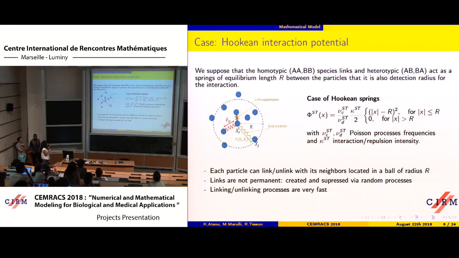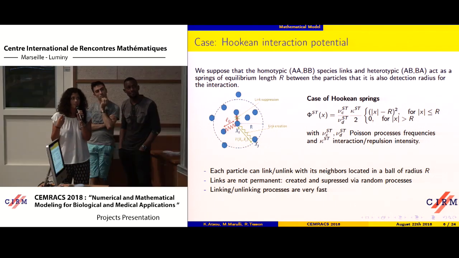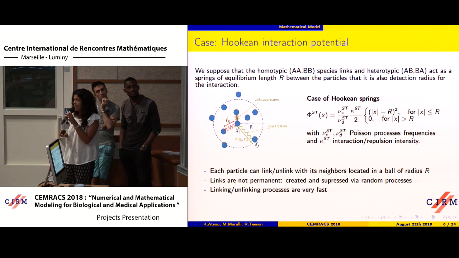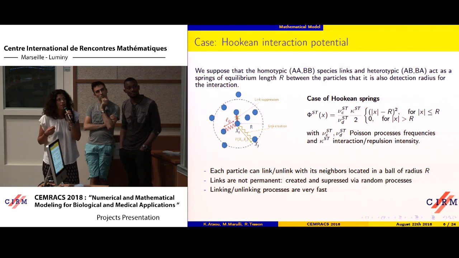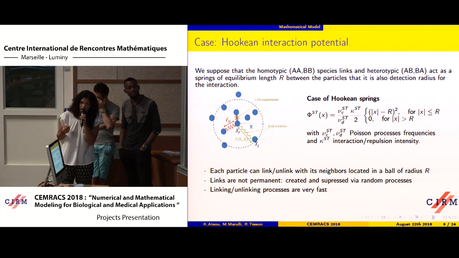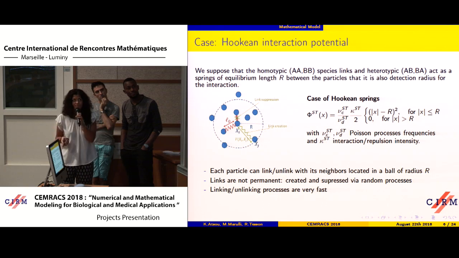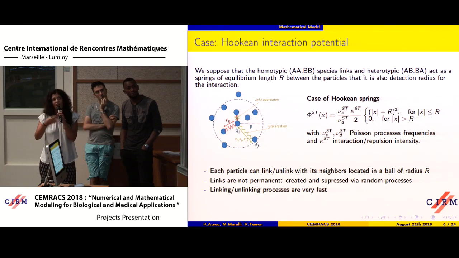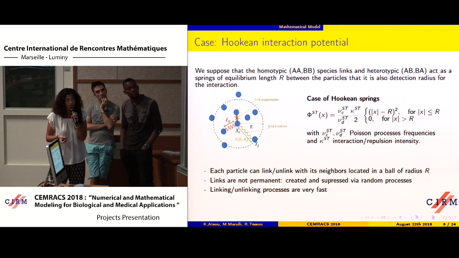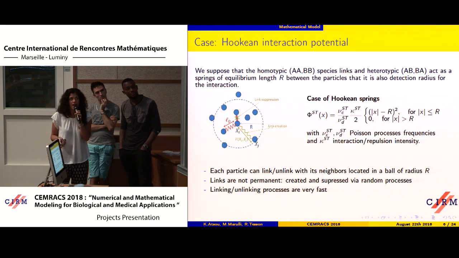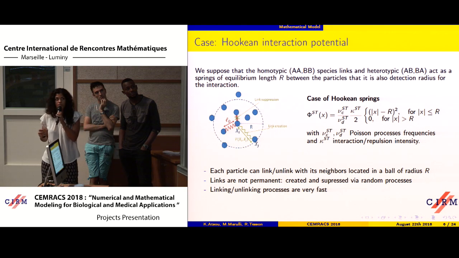As you can see, we have two parameters, nu_c and nu_d, which means that we suppose that the creation and the deletion of links between particles are modeled by Poisson process frequencies. We also take into account the interaction, so the repulsion, that we are interested in studying between cells.